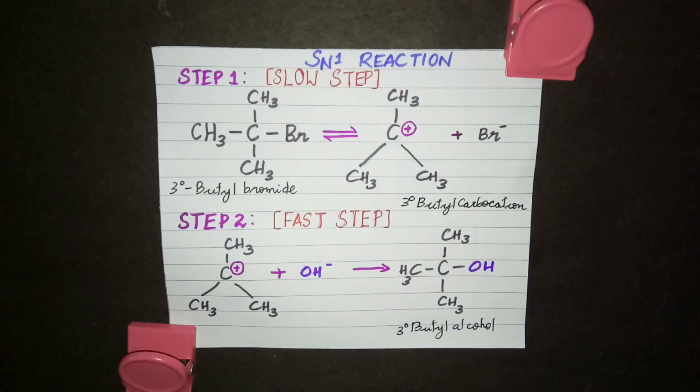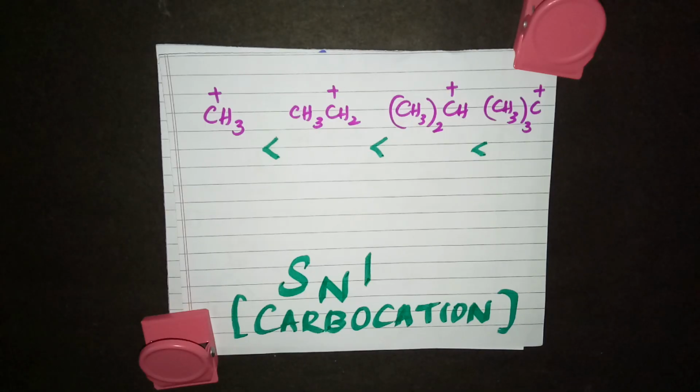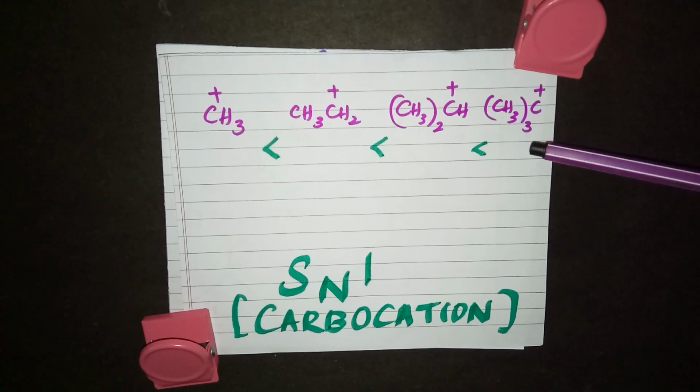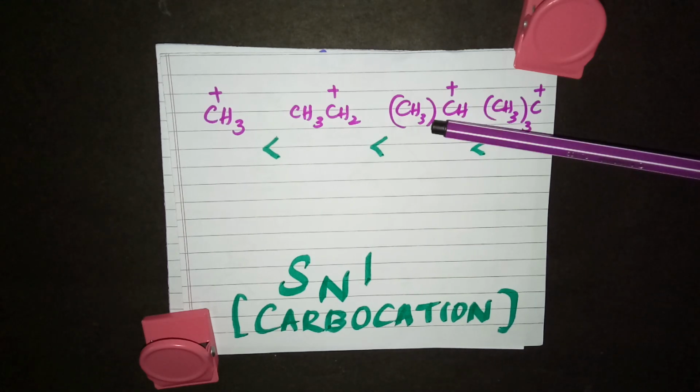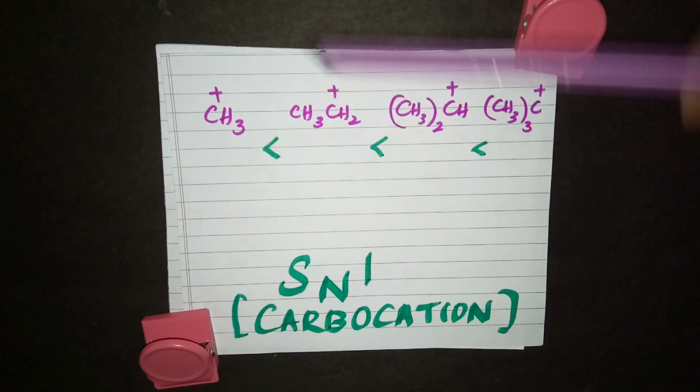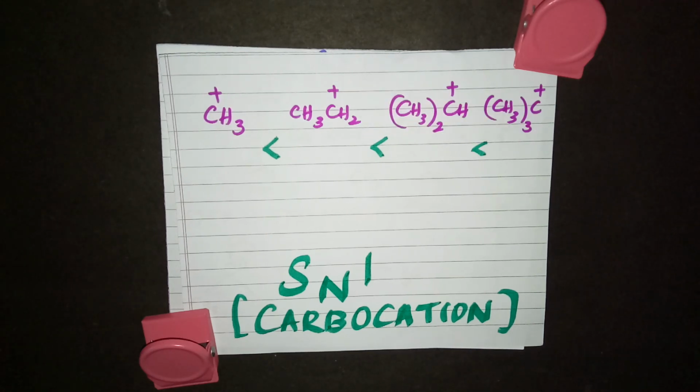Tertiary. So now we will see the order of reactivity among the different halides in the case of SN1 reaction. Since SN1 reaction takes place via the formation of carbocation, you should see which carbocation is more stable. Then you have to decide on the reactivity order. See, when you look at this, you can understand tertiary carbocation is more stable than secondary, which is more stable than primary, which is more stable than methyl carbocation.